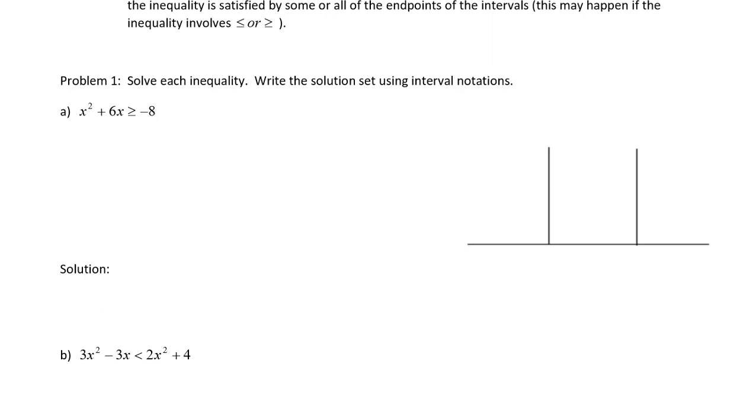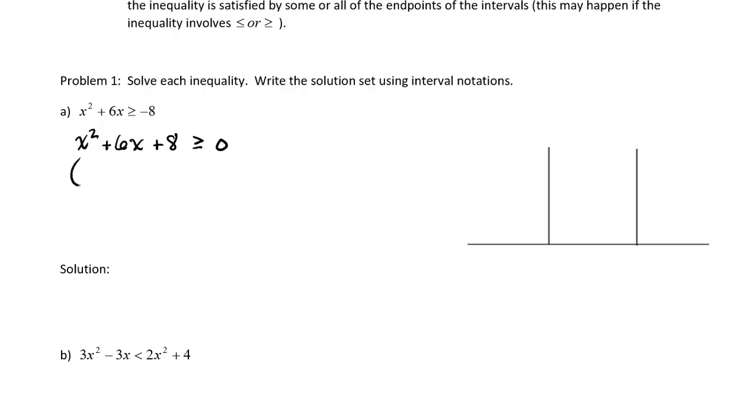So in exercise 1a, we have x squared plus 6x is greater than or equal to -8. Now we're going to set this inequality to 0. So we'll have x squared plus 6x minus a -8, which will be a plus 8, is greater than or equal to 0.